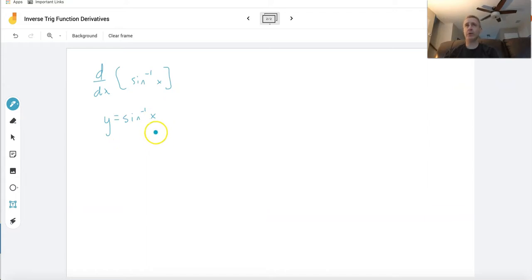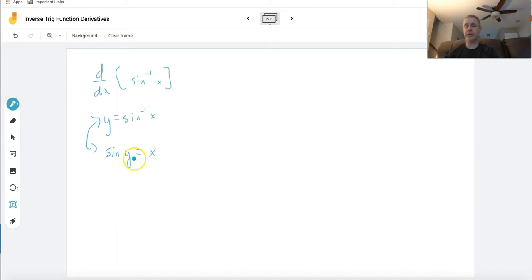That's a way to think of this inverse sine function. So I'm going to rewrite this inverse sine function in that manner. Again, when we think of inverse sine, we're thinking about the sine of what angle, here y, gives us this expression of x. And so technically, these are equivalent.